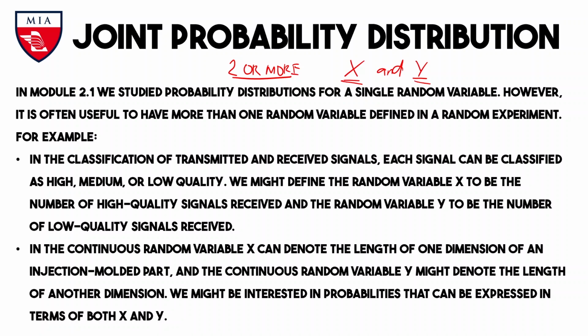Again, in joint probability distribution, we are dealing with the probability of events happening simultaneously, meaning the events are happening at the same time. Therefore, if there are two or more events, automatically we have two or more variables. In this example, we have two variables, denoted as x and y. Remember that.